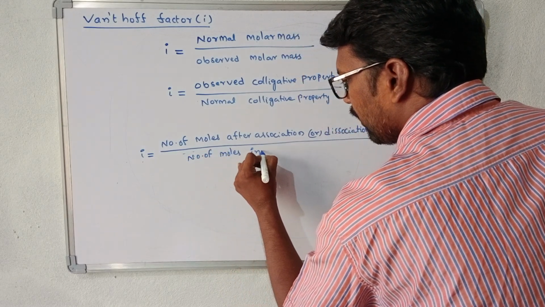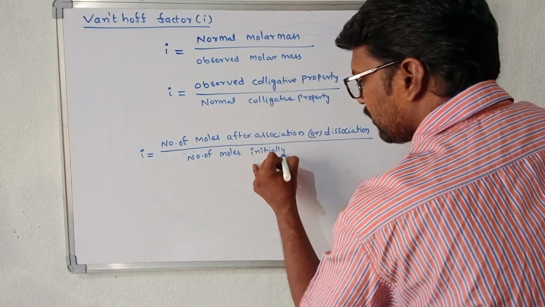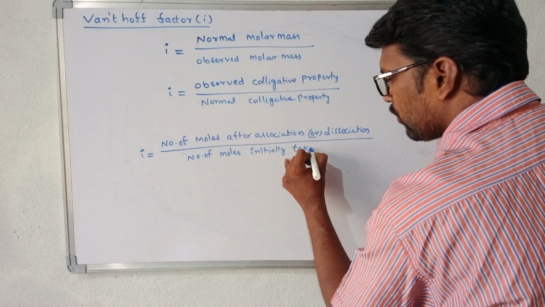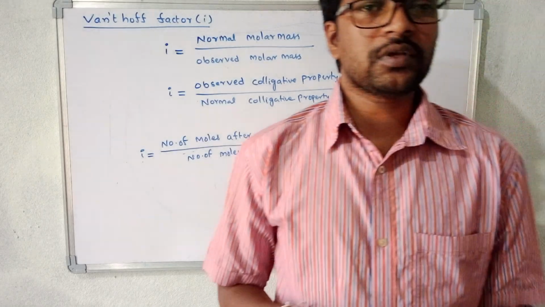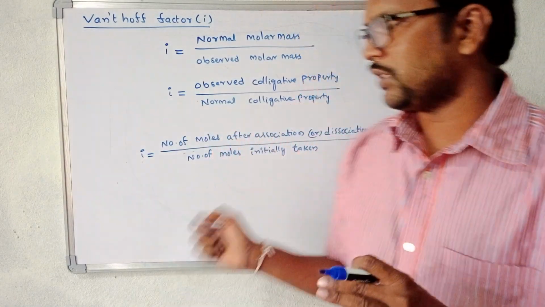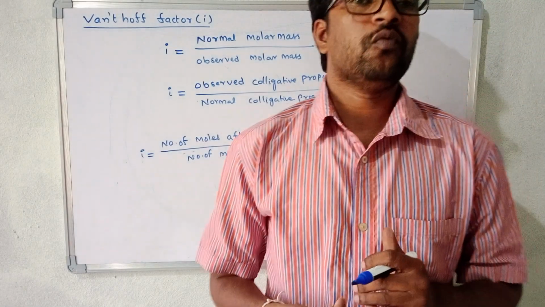Initially taken moles you take in the denominator, and in the numerator you write the total number of moles after association or dissociation. By using this also we can find the Van't Hoff factor.